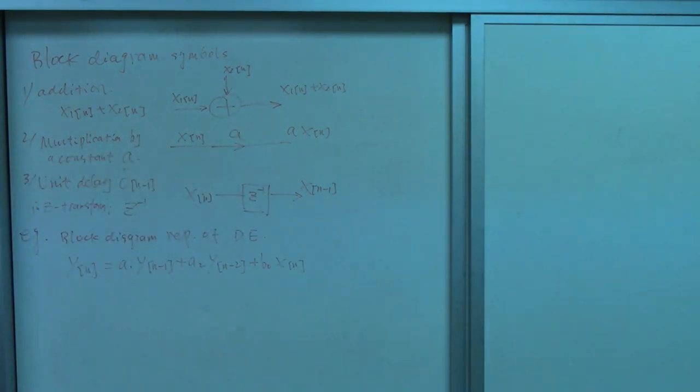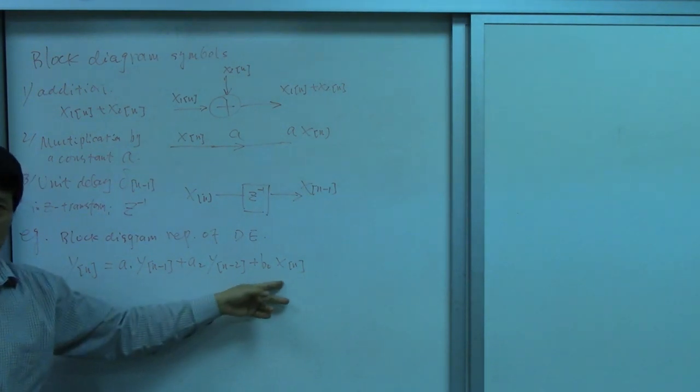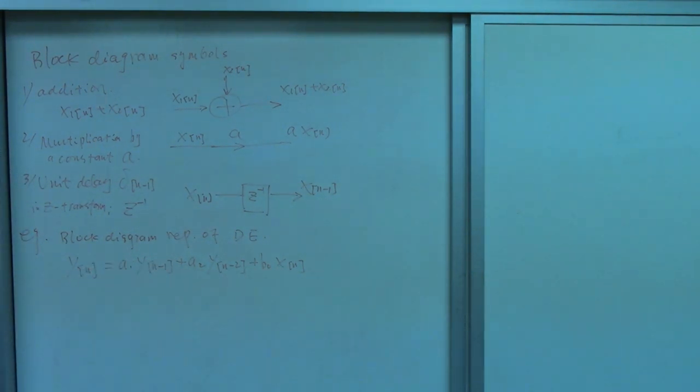What order is this system? First order? Second order? What is it? Second order. Okay? We only care about the y. We don't care about the x, the input. The order of the system is determined only by the output.